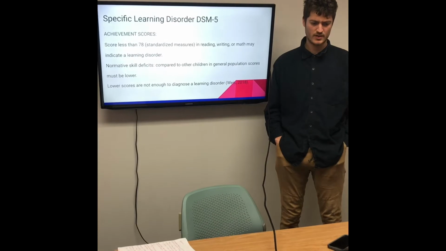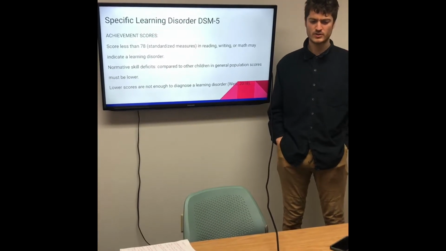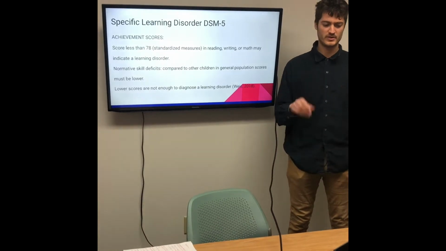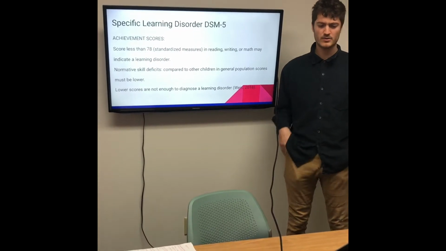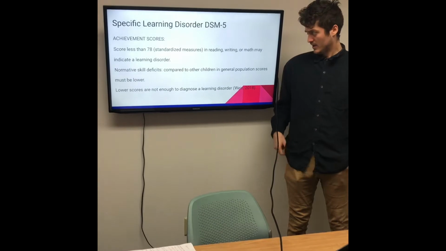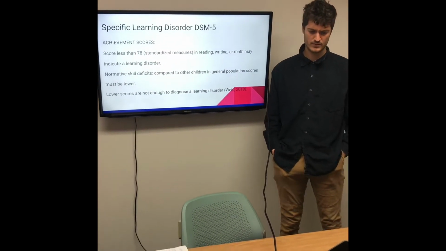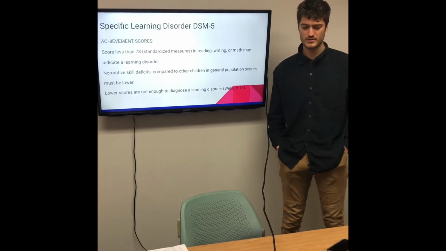In addition, compared to other children in the general population, we often see the score is lower in comparison. So although this can indicate a disorder, it's not necessarily enough to diagnose a learning disorder on its own.